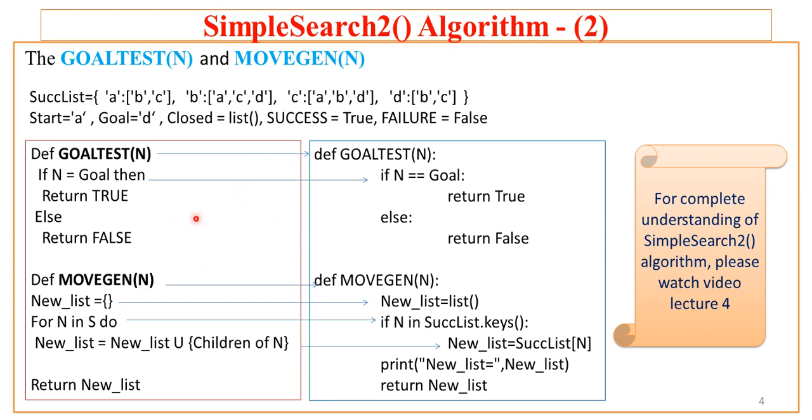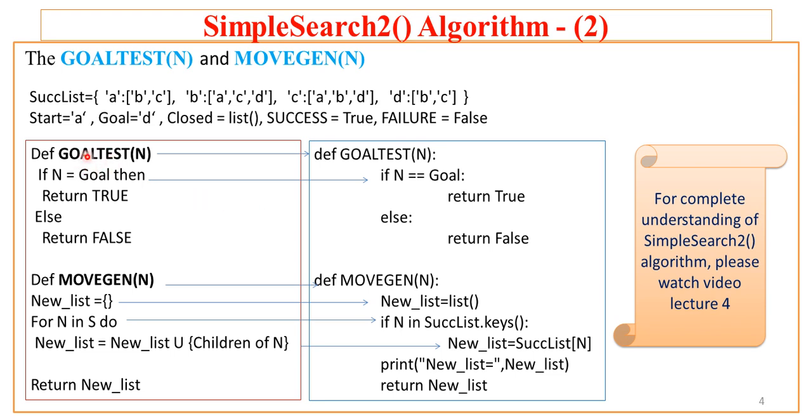In this presentation, my intention is just to help you understand how to transfer the logical steps into actual coding. That coding can be implemented in any language you know, but here I prefer Python, which is the most efficient for AI programming as well.